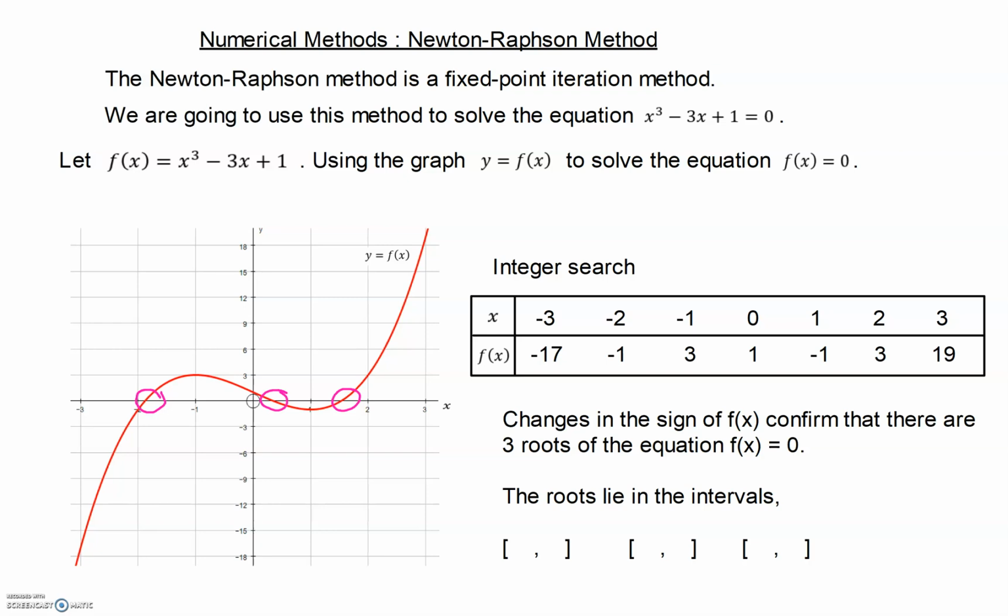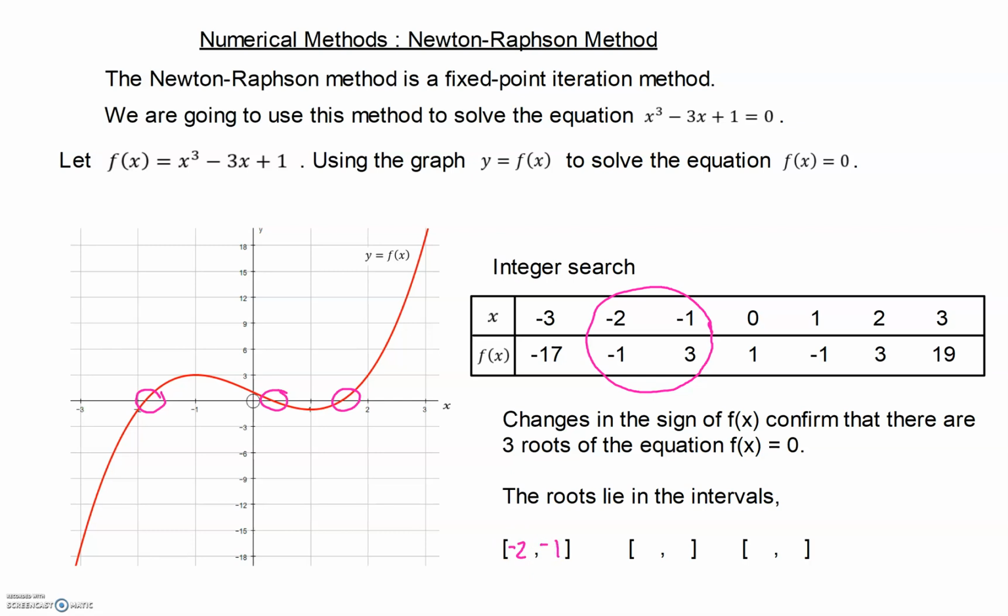The first thing we're going to do is an integer search, exactly like we did with the interval bisection, and you can identify your intervals where the roots lie by using the change of sign in f of x. We have a change of sign between -2 and -1, so one of our roots is in that interval.